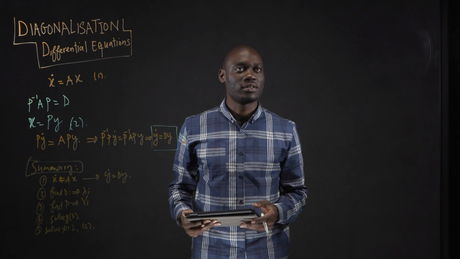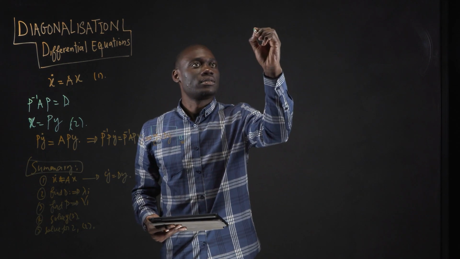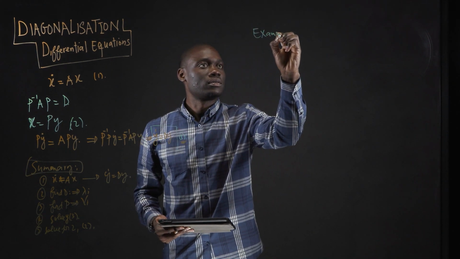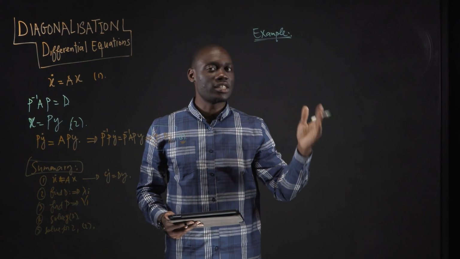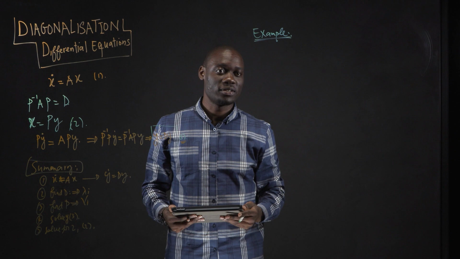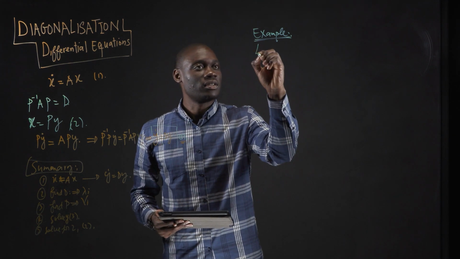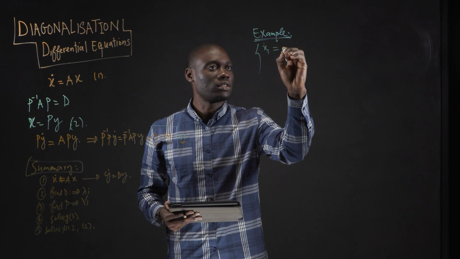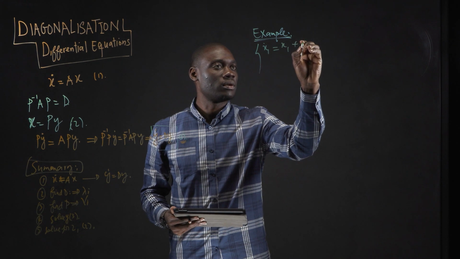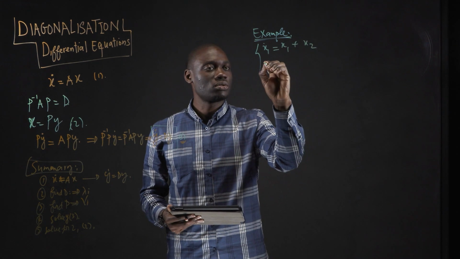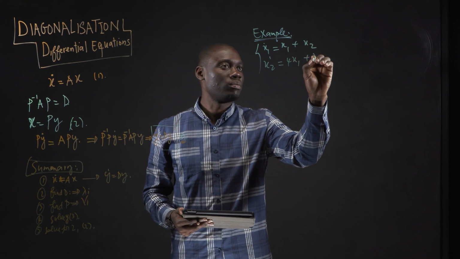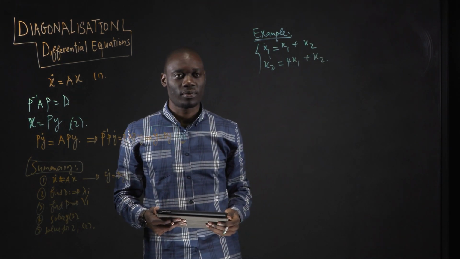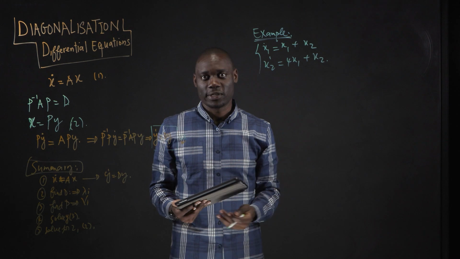Let's have a look at this example. Solve this system of equations using diagonalization. The system is x1 dot equals x1 plus x2, and x2 dot equals 4x1 plus x2. How will you solve this?